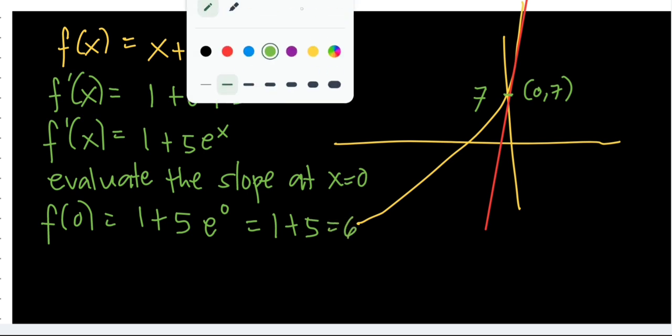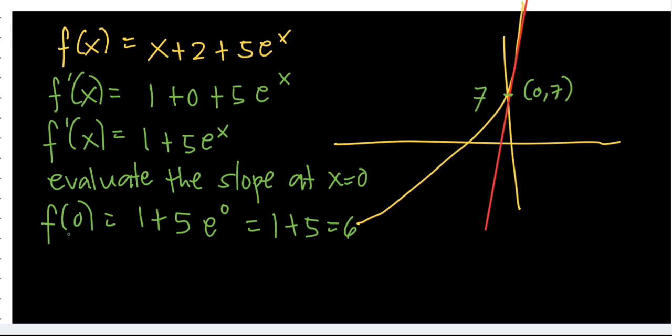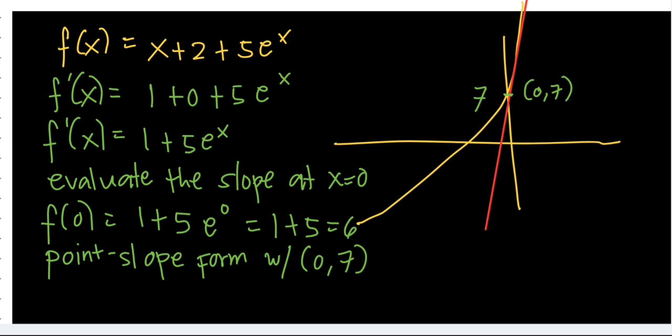And then we use the point slope form with the point 0, 7. So we use the point slope formula: y minus y sub 1 equals the slope times x minus x sub 1.